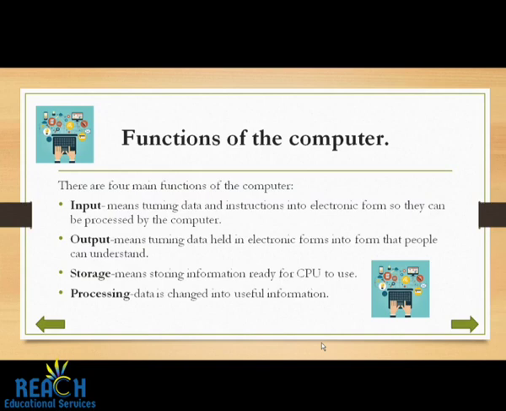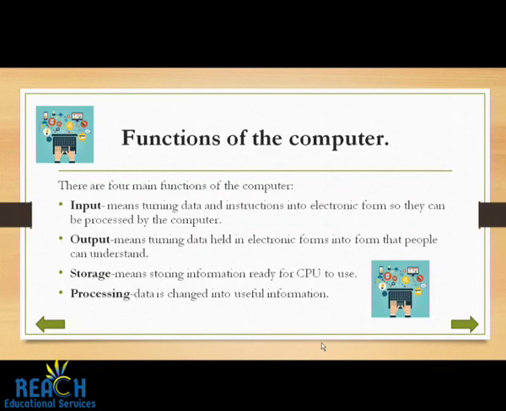Okay, after the processing cycle has completed, then you need to see what was produced. And so whatever was produced after processing is called output. So we can safely say output means turning data held in electronic form into forms that humans or people can understand.